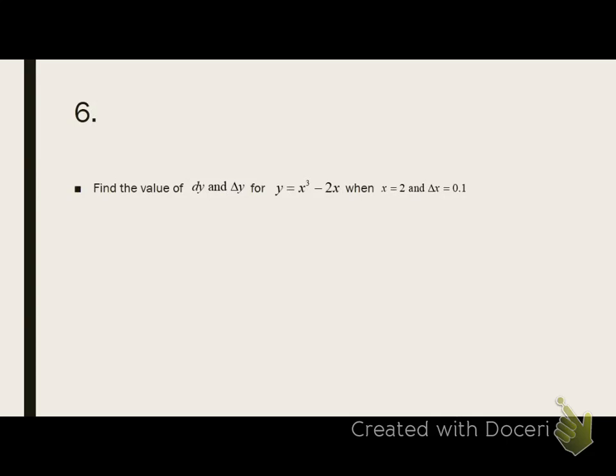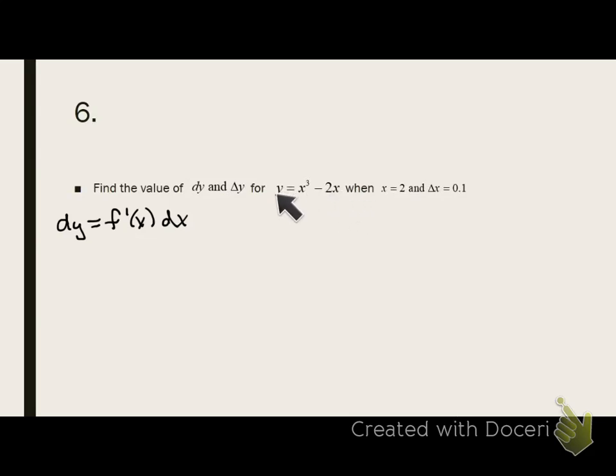Okay, this is the 3.7 assignment, and I think we're a little bit iffy on this. So d of y is simply, let's write this, d of y is simply the derivative of the function times d of x. Let's do that first. So follow me over to my function here.